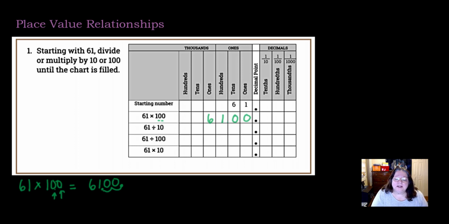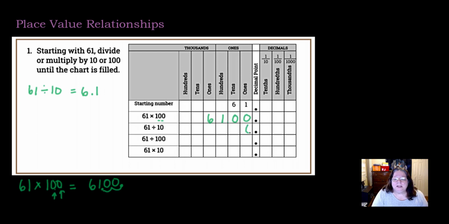Now we have 61 divided by 10. Let's do this one right here. 61 divided by 10. Well, 10 doesn't go evenly into 61, but think about it for a moment. How many times does 10 go into 60? And that will give you a little clue as to how we're working out. Our number is getting smaller. Well, 10 goes into 60 6 times with 1/10 left over.